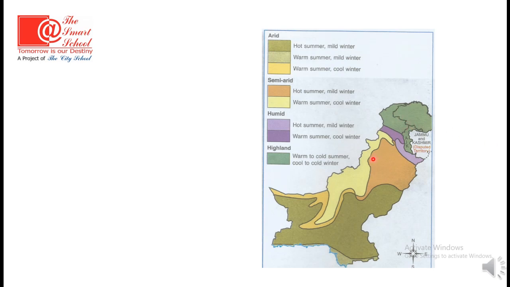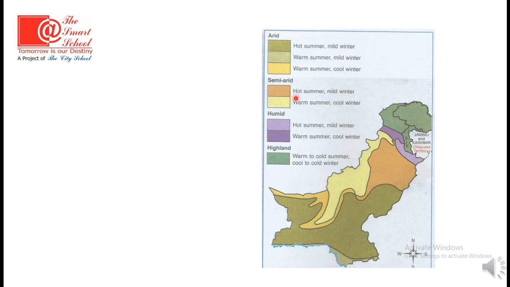What can you see on this map? This has different colors and different shades. The key of these shades is given here. When we read this key, then we come to know which type of climate each area has.